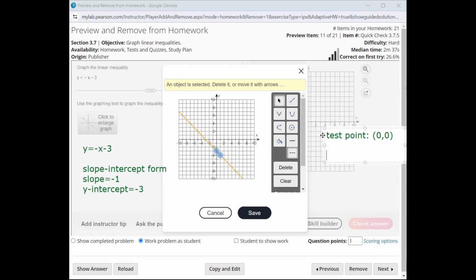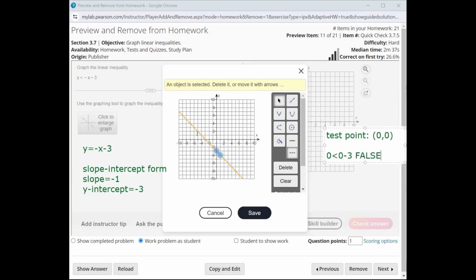I substitute this into the inequality. y is 0. Is 0 less than negative x, which is 0 minus 3? Is 0 less than negative 3? No. It is a false statement.